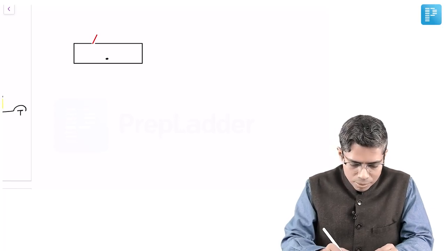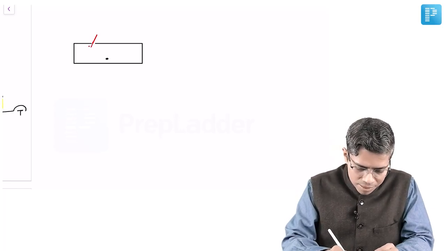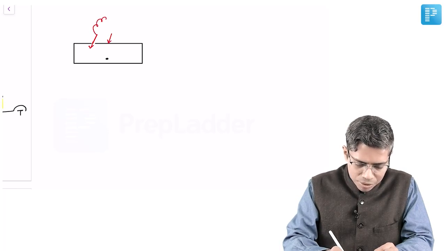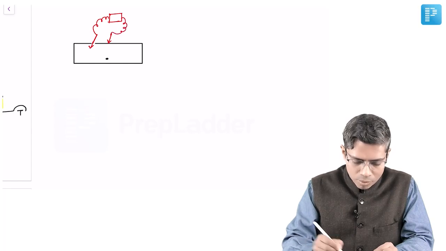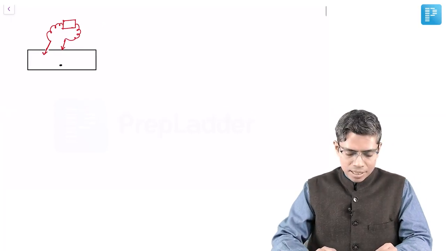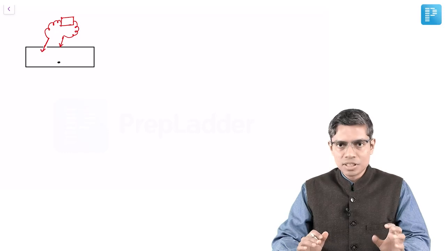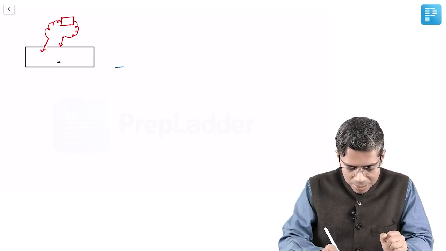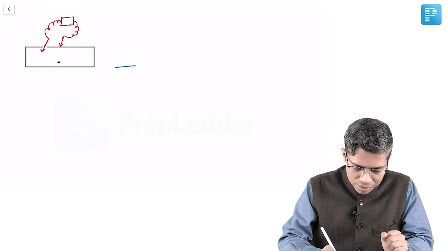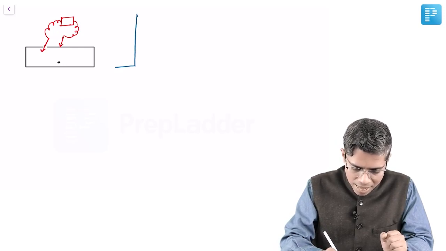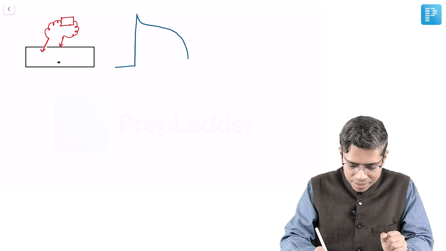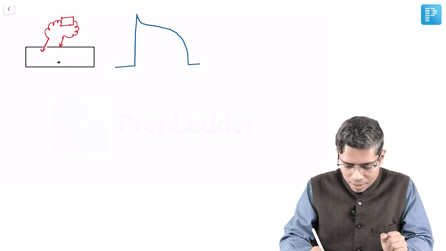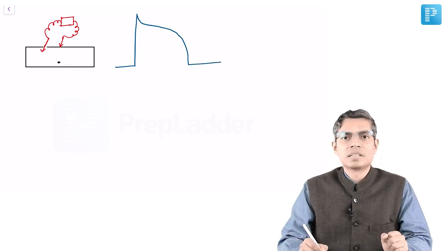So what I am doing, look, I am putting one electrode inside the cell and one electrode outside the cell, and in between these two electrodes I am putting a recording instrument. What I am going to get in this recording instrument is the voltage change activity, and that voltage change activity is nothing but generation of an action potential. This is a monophasic action potential.